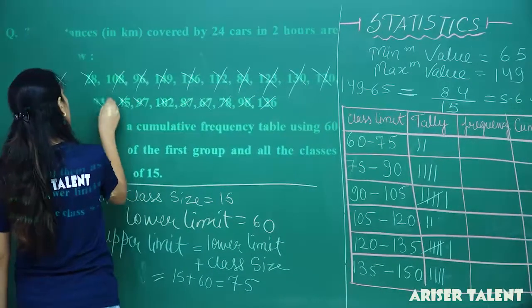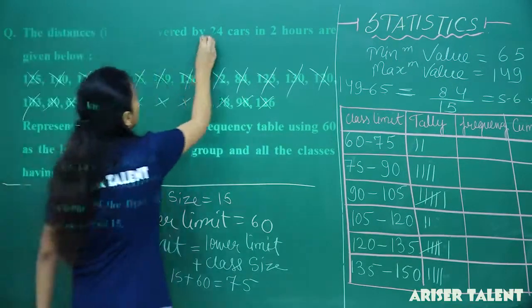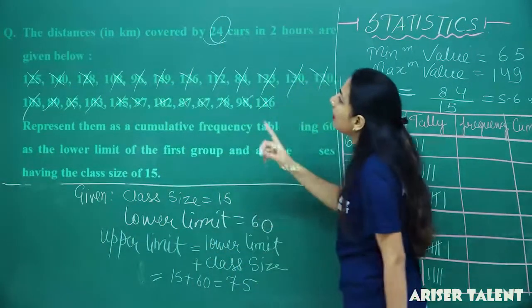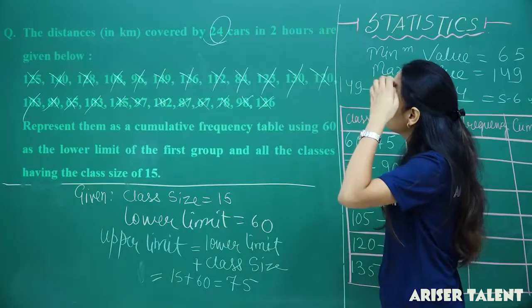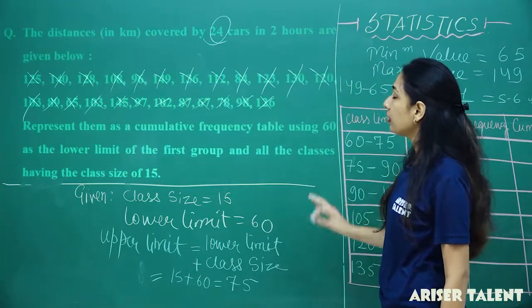Now you can count these tally lines, and that will give you 24, because there are 24 cars covered in 2 hours. So there should be 24 numbers.